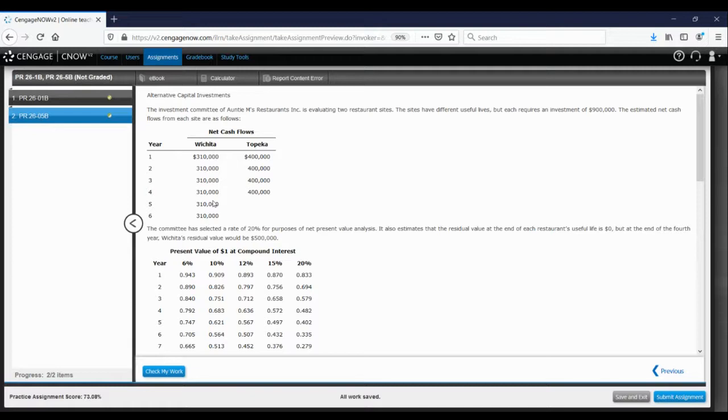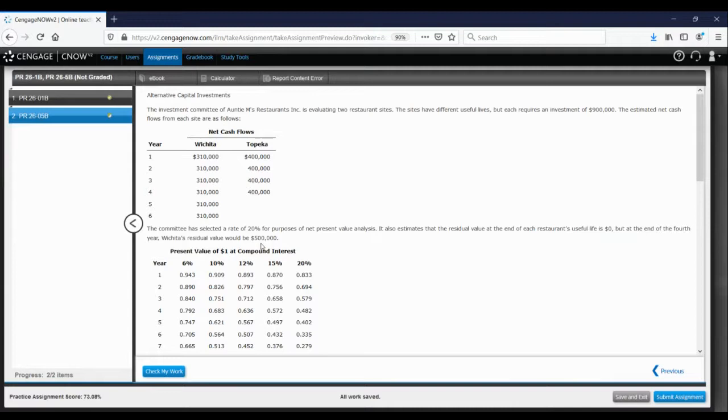Now, what you have to remember is that they gave you some additional information that said it estimates the residual value at the end of each restaurant's useful life as 0. However, it also states here that at the end of the 4th year, Wichita's residual value would be $500,000.